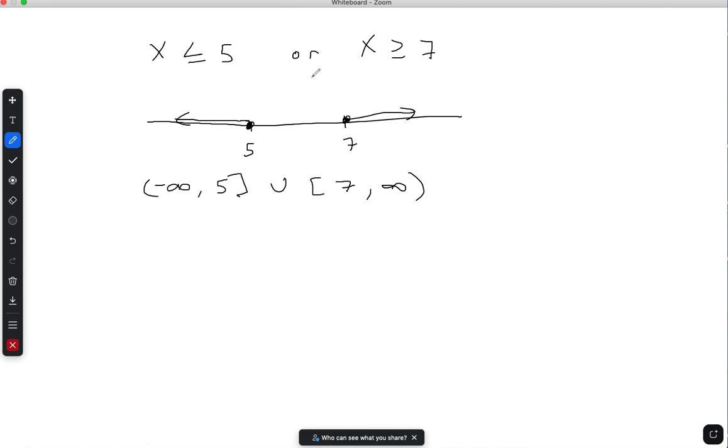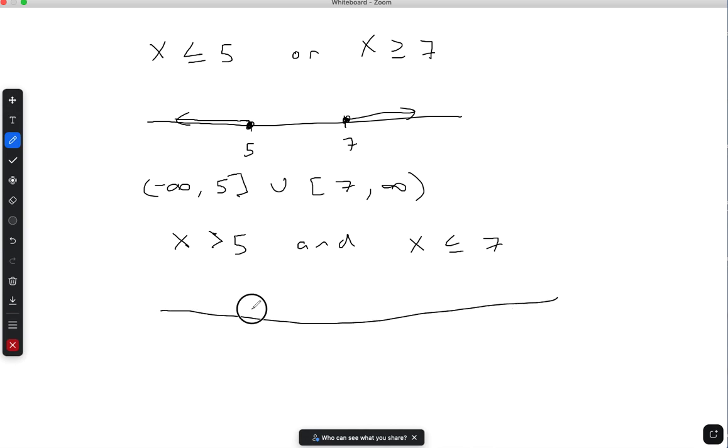So what if we had the other kind, the kind with the and? Say we solved it out and got x is greater than 5 and x is less than or equal to 7. Now if I try to draw that one, there's our 5, there's our 7.